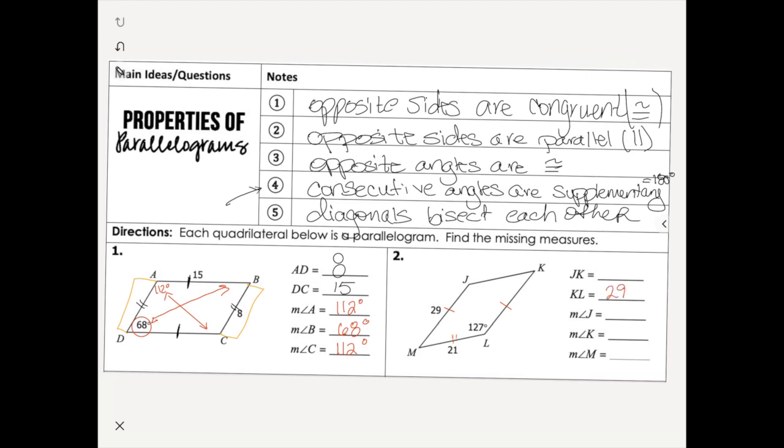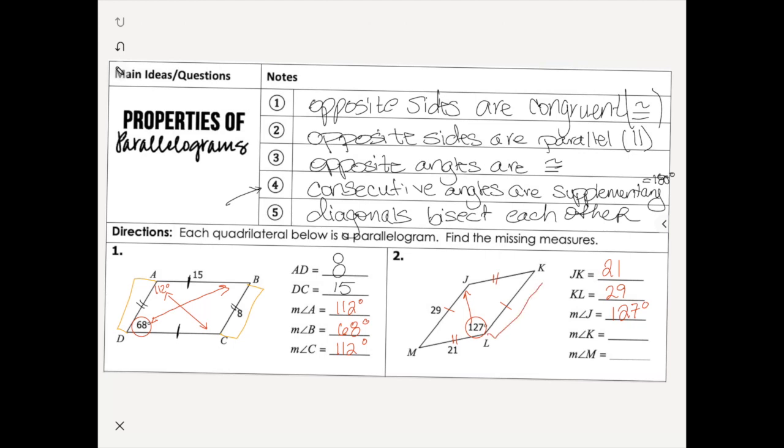If ML is 21, then we know JK is 21. If L is 127, L is congruent to J. So that means J is also 127 because opposite angles are congruent.